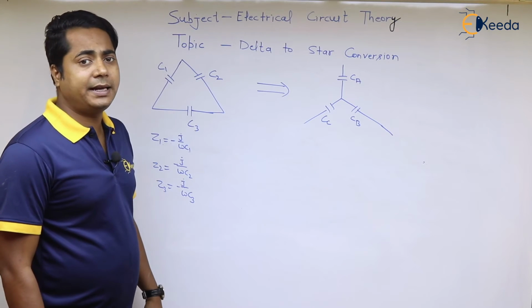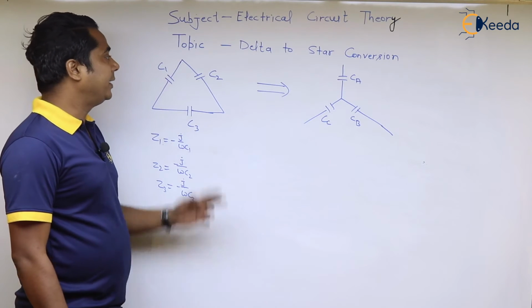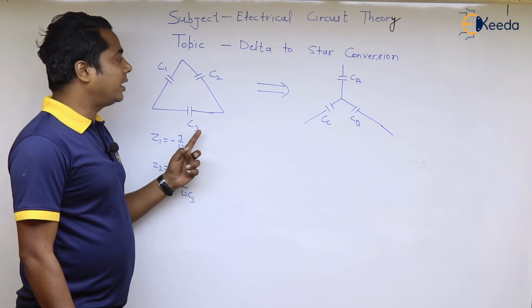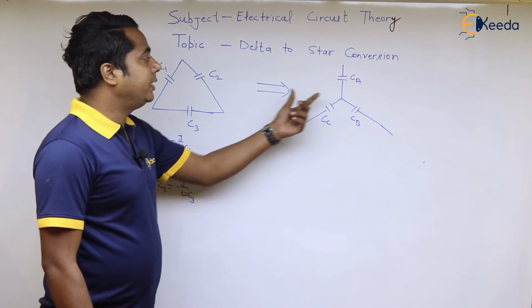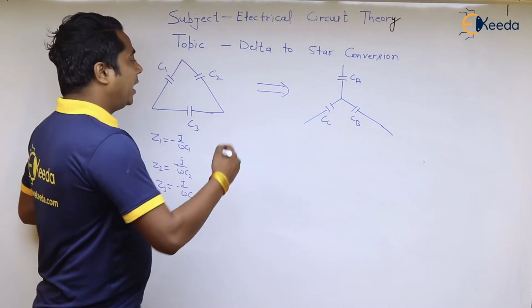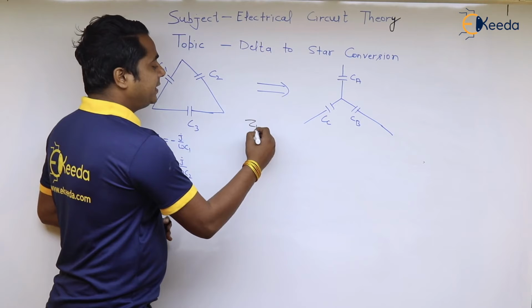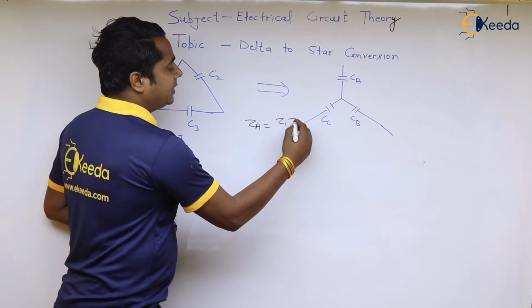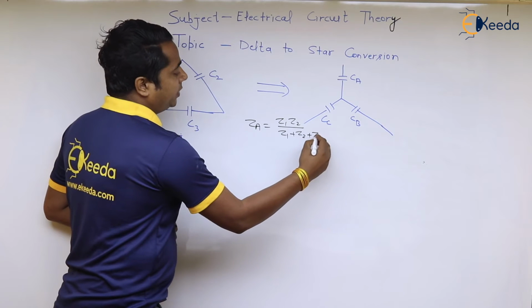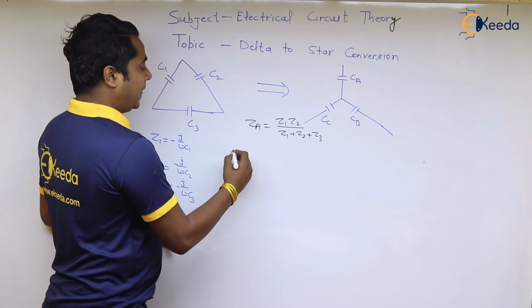Now we have three capacitors, with capacitance values C1, C2 and C3. Now we want to convert this delta connection to star connection, and we are taking help of impedance, and we know the value of ZA will be equal to Z1 Z2 upon Z1 plus Z2 plus Z3.